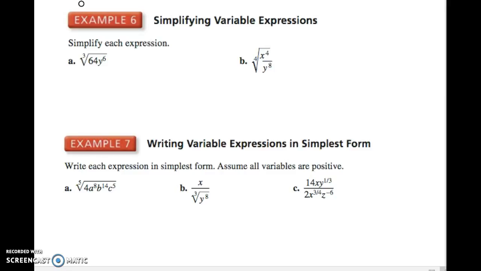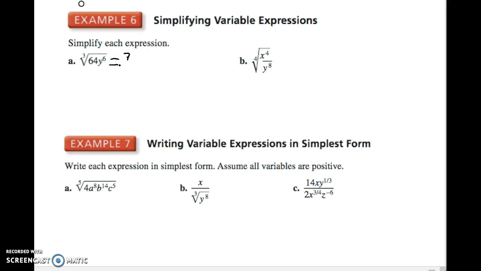We want to simplify these expressions. We're going to use all of the products that we learned from the previous video and the products that we just talked about now. Here we have the cube root of 64, y to the 6th. We want to write things in terms of the cube root.